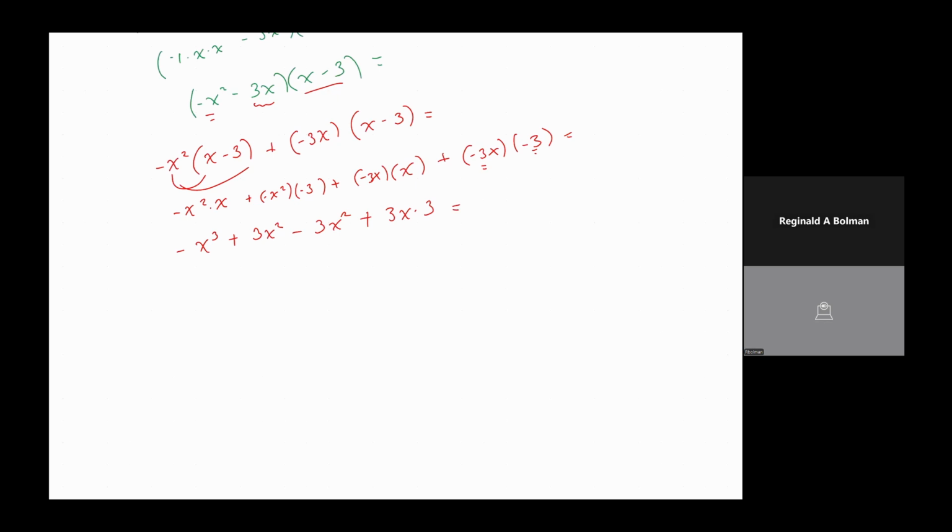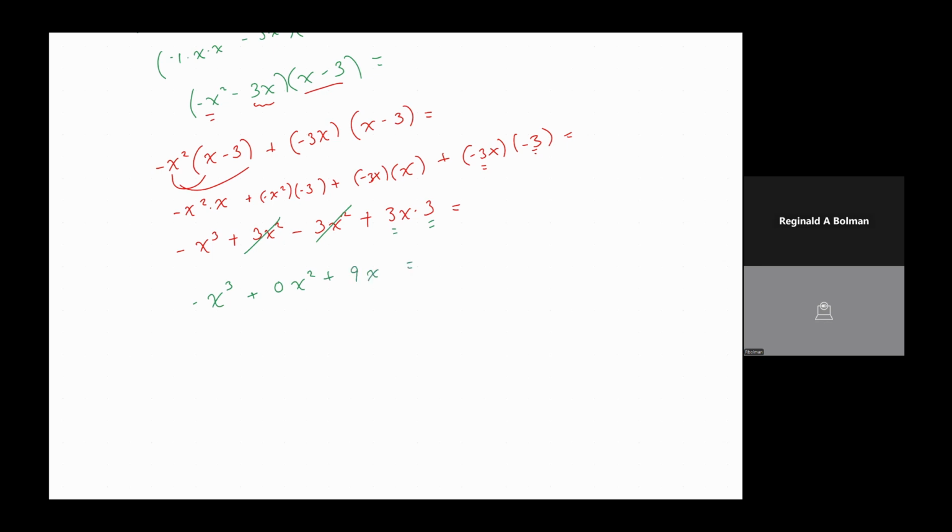Cleaning this system up, your negative x cubed doesn't really change. But you'll note that you've got a 3x squared minus 3x squared. So that would add to be a 0x squared if you wanted to write it down. You'd have a 0x squared. And then what happens here is you've got a 3 times 3. So by the commutative law, 3 times 3 gives you 9. And you'll be left with the 9 times x.